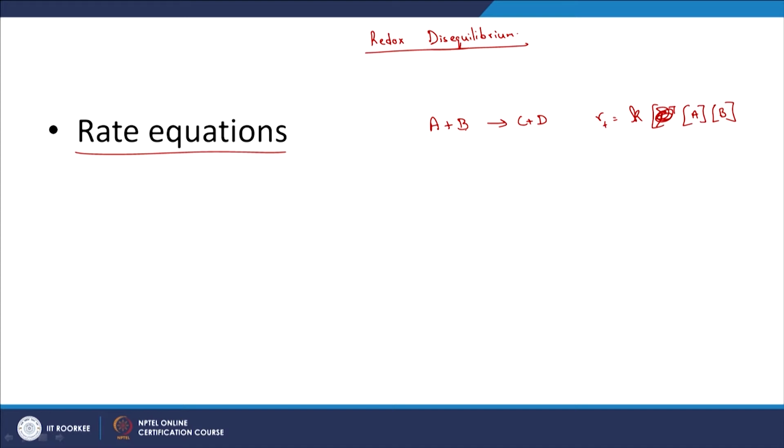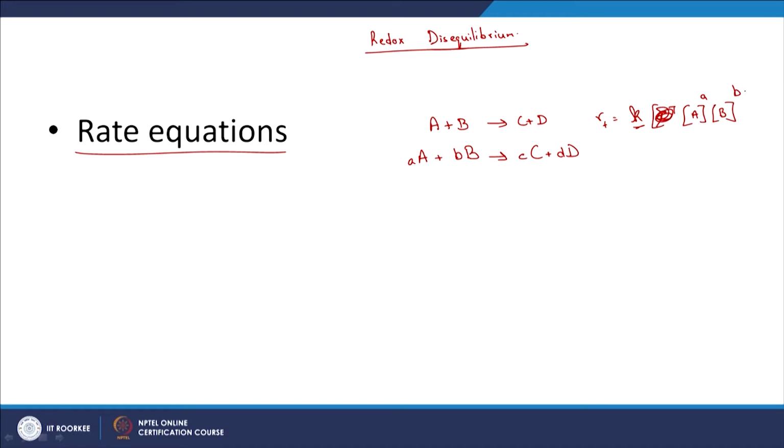Here obviously the stoichiometric coefficients are 1, but let me write that down to be clearer. The stoichiometric coefficients are a, b, c and d. So then the rate of the reaction is going to be equal to the rate constant times A raised to its stoichiometric coefficient and B raised to its stoichiometric coefficient.